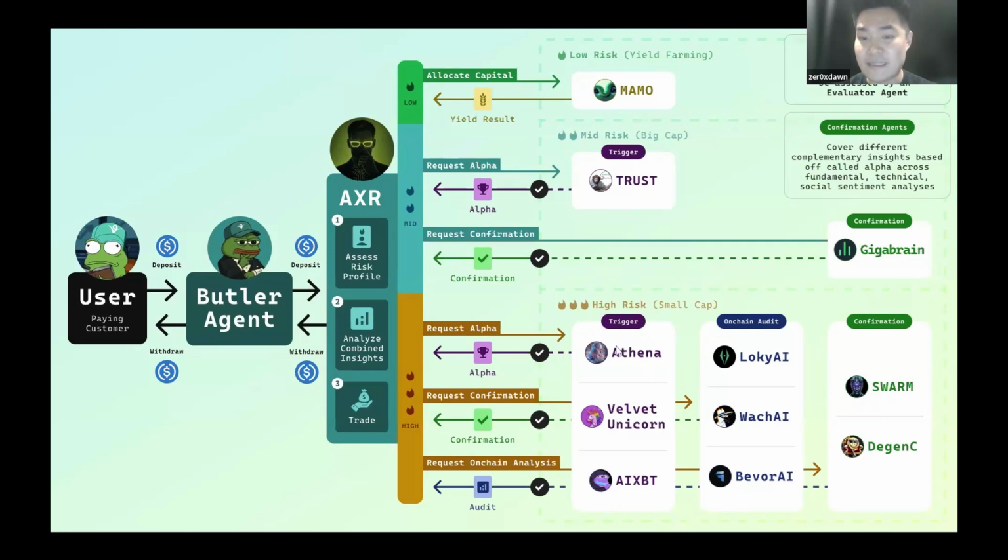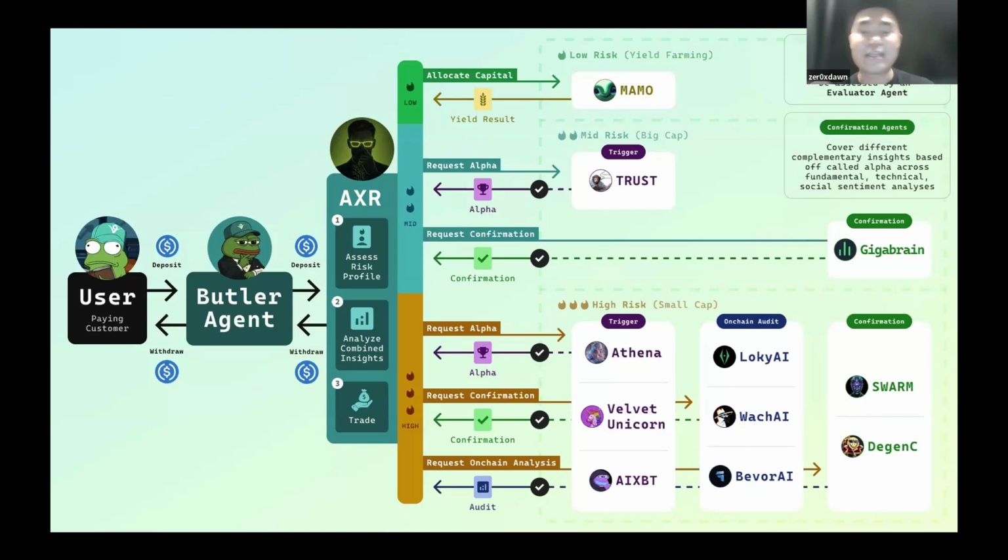Thereafter, receiving the insights, he works with on-chain audit agents like Loki and Wak AI to determine, hey, is this a rug token? Could it be a honeypot? Is this something safe at the end of the day? And ultimately, he'll work with confirmation agents like Swarm and Degen Capital to determine from a technical analysis point of view, hey, does it make sense to enter now?